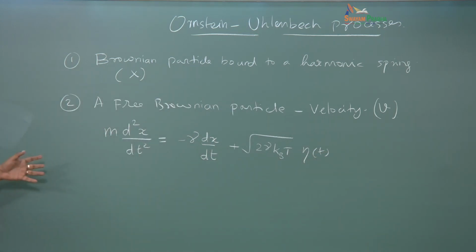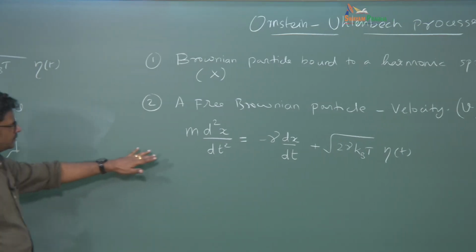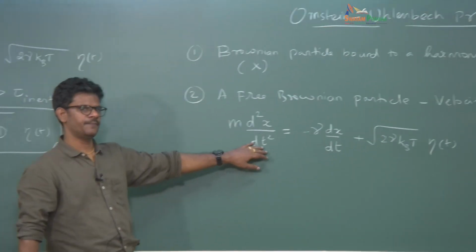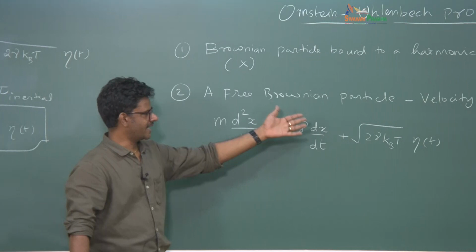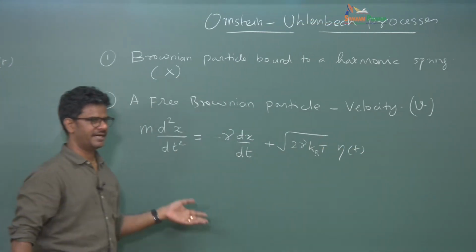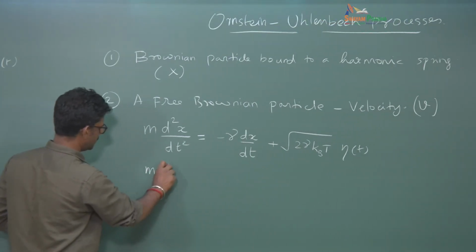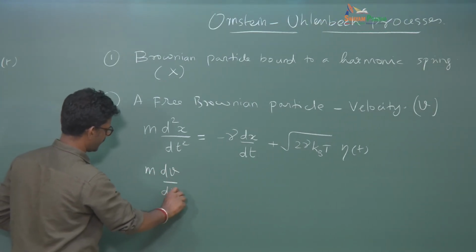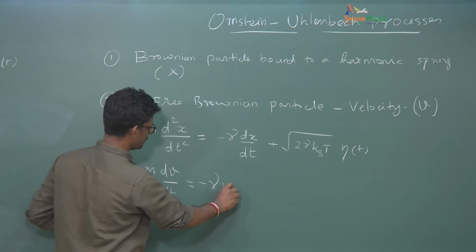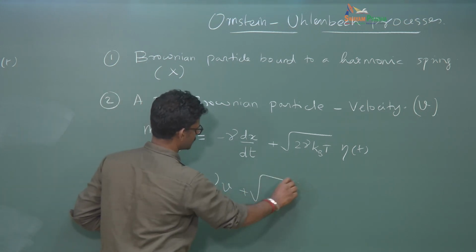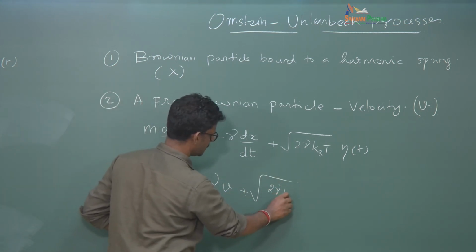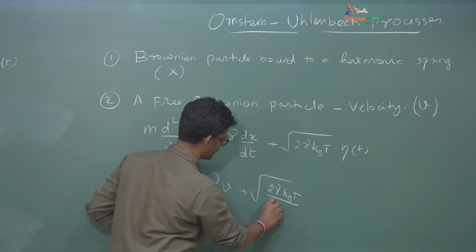This is a free Brownian particle, so there is no spring force here. Now here it is written as a second order ODE in terms of position, but we are actually interested in the velocity. So we will write dx by dt as velocity. So you would write m dv by dt is equal to minus gamma v plus square root of 2 gamma kBT by m square.